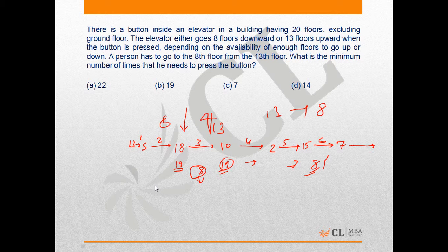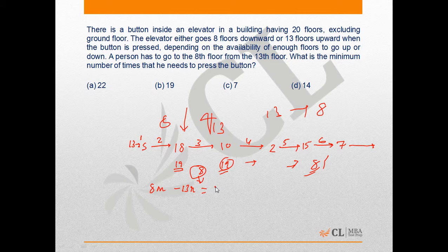There is one more way to solve this problem, which is by equation. Here it goes 8 floors downward, so let it be 8m, where m is the number of times it goes down, and 13 floors upward, so 13n.